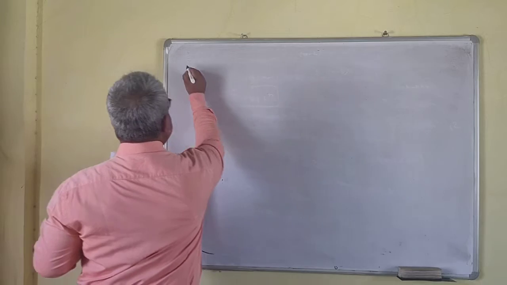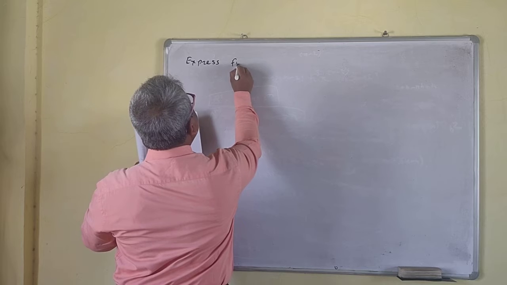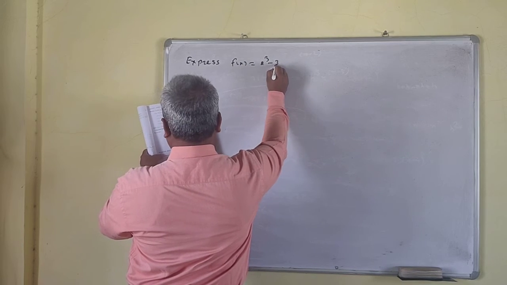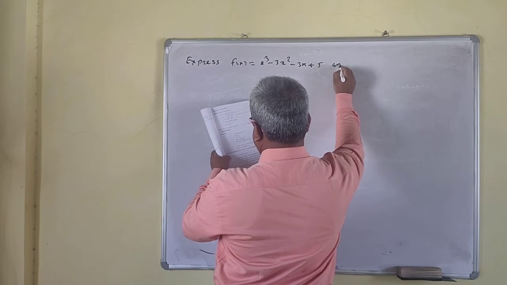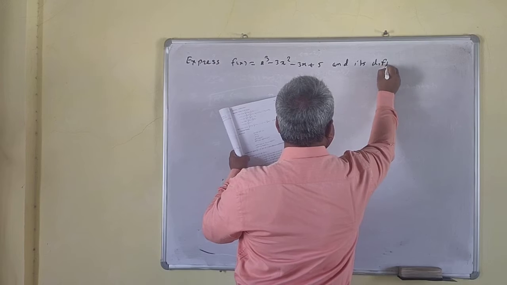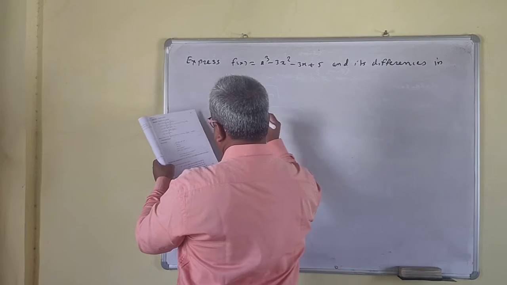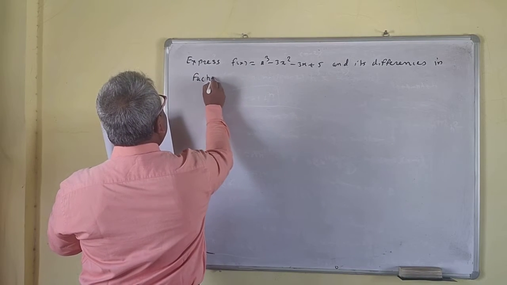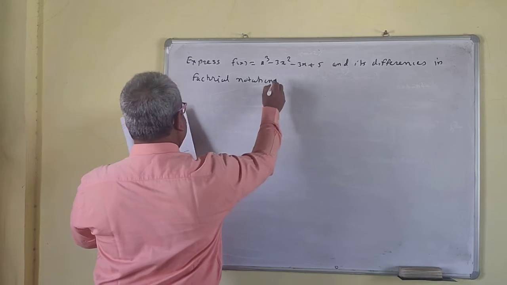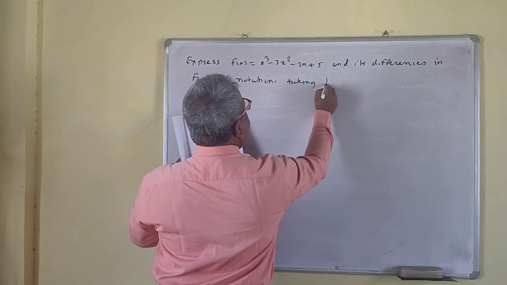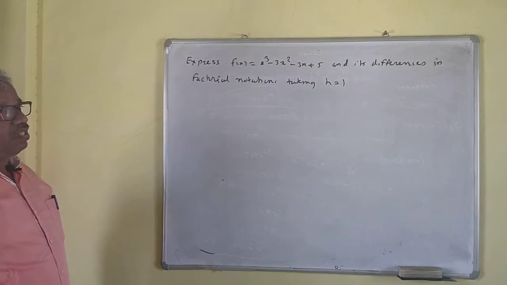Express f of x is equal to x cube minus 3x square minus 3x plus 5 and its differences in factorial notation, taking h is equal to 1. Okay, so now we are given h is equal to 1, so the problem will be simple now.